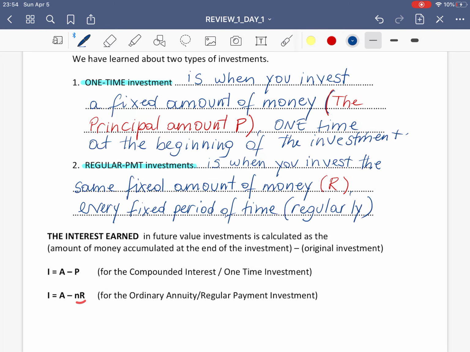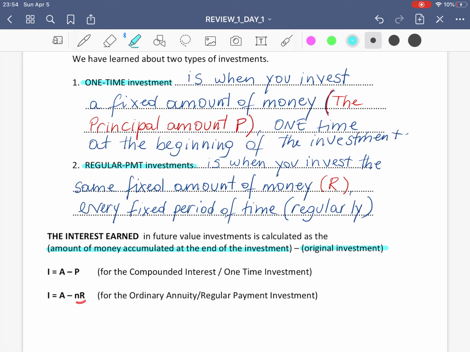Okay, so how do we calculate the interest earned? If we are in a one-time investment, which is called the compound interest formula, we find the interest earned as the difference between the amount accumulated take away the investment made.